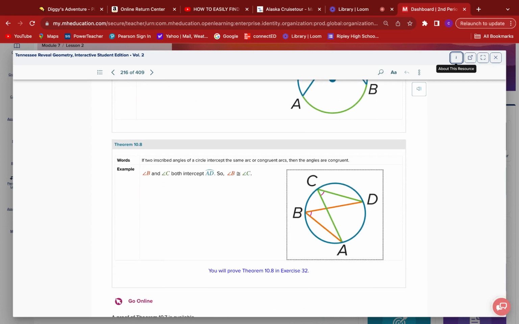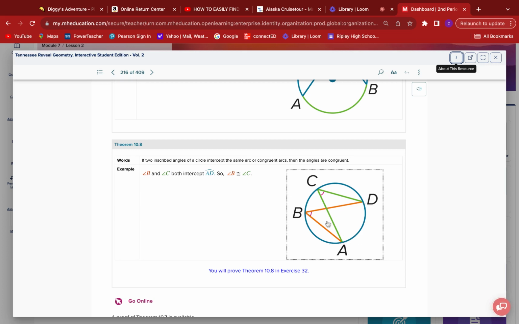Here's one where they have the same intercepted arc. I'm talking about angle C first, the green angle, which is angle DCA. C is the vertex because that's the letter I said in the middle. But I said D and A, as in DCA, so DA would be the intercepted arc.